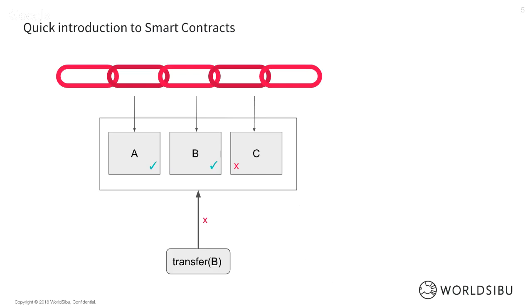You can pretty much define that. But for the sake of this example, let's assume that all three organizations have to agree on a transaction. If organization C says this transaction is not valid, then the transaction will be rejected.